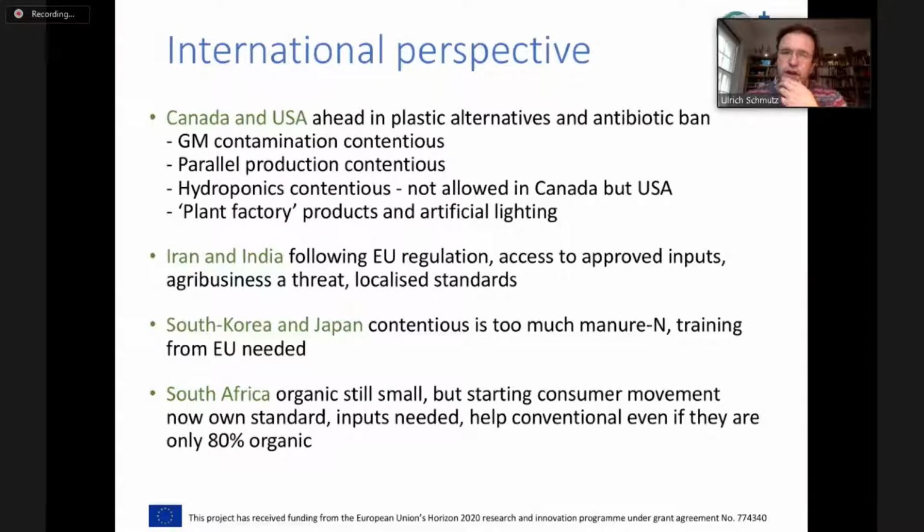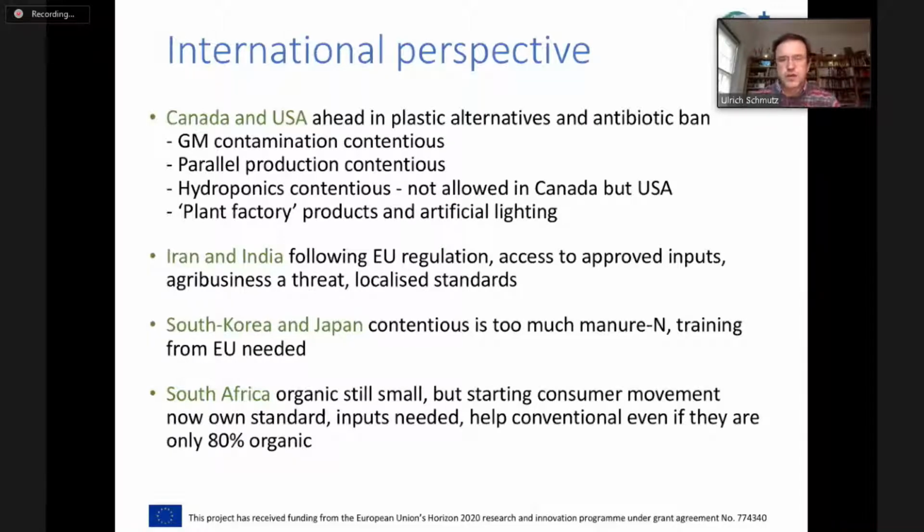In the US and Canada, they are quite ahead on some of the plastic alternatives, and they are also into antibiotics. While in India and other countries, they often follow the EU regulations. So there are other things which are much bigger as a problem. I'm always concerned about peat, but maybe it's just a very small part of it. So we don't want to lose too much sight of that.